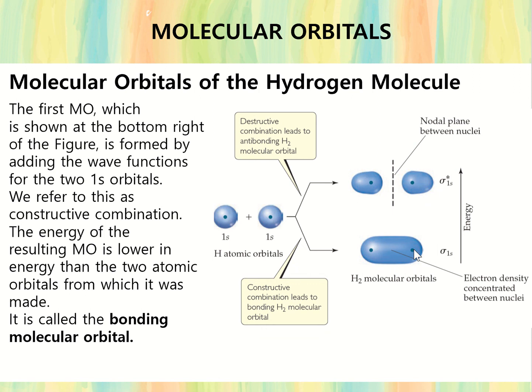And so the energy of the resulting molecular orbital is actually lower, because notice here we have our energy scale. So this is the energy of the atomic orbitals, and the molecular orbital is actually below it. Therefore, the energy is lower than the 2 atomic orbitals from which it was made, and it is called the bonding molecular orbital.